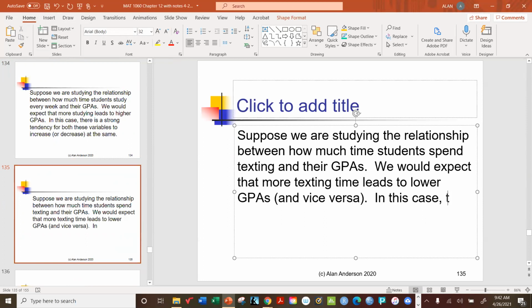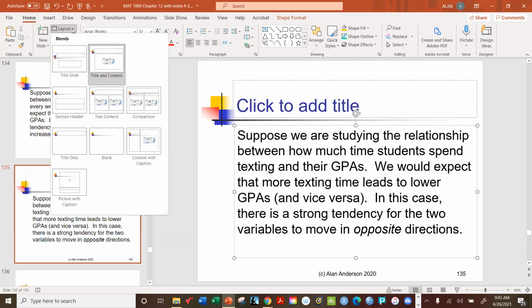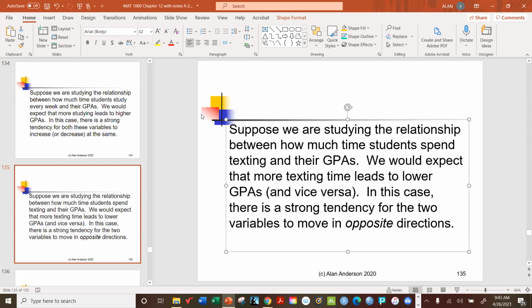In this case, there is a strong tendency for the two variables to move in opposite directions. In other words, when one goes up, the other tends to go down and vice versa. And so again, these measures of association would enable us to not only figure out if this is true or not, but how strong this relationship is. It might turn out, for example, that the connection is fairly weak, or it could be very strong. We don't know without looking at the data.